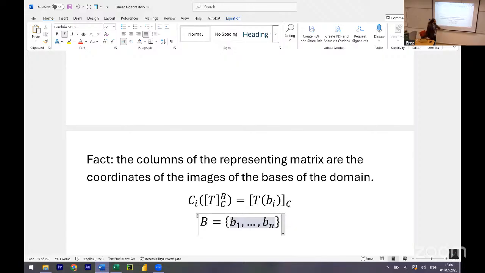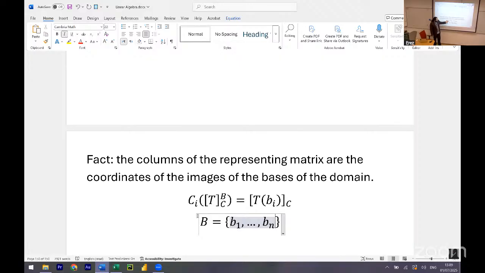So look at what I'm saying here. I think in the mathematics formulation it's easier to grasp. We have the representing matrix. I told you that it exists, but first of all, I didn't prove it, but that's something else. But I also didn't tell you how to find it. So now what I'm telling you is how to find it.